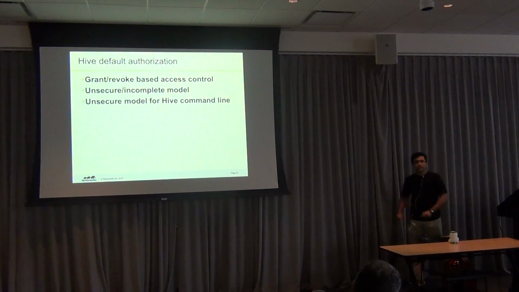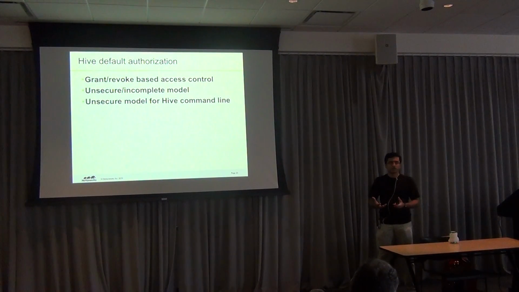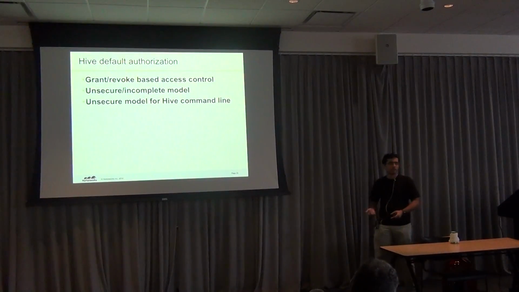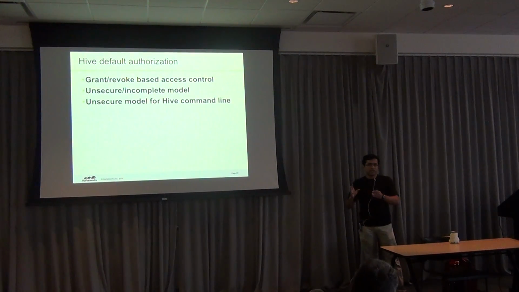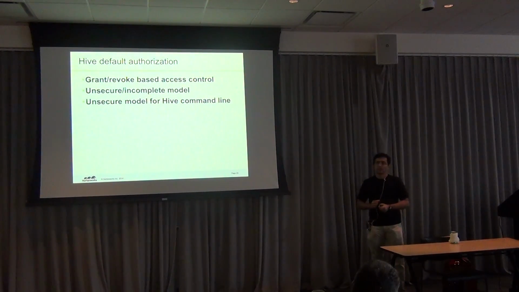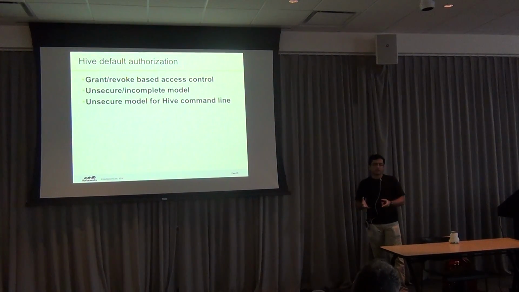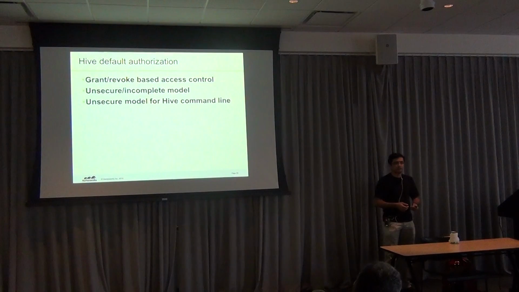And there is also the Hive default authorization. If you have been using Hive for a long time, you're probably familiar with this. This is the authorization that gets enabled if you just turn on the authorization flag. For backward compatibility reasons, it remains the same default authorization mode.